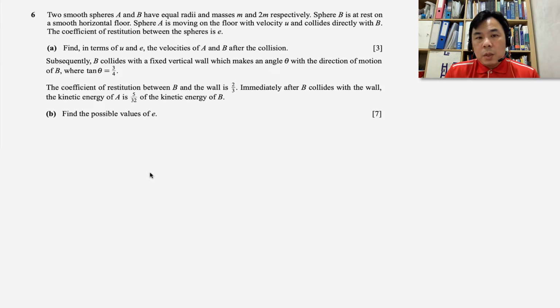So it's always best to draw out a diagram to show what it looks like. Here I'm going to draw a very simple diagram so we can see that very clearly. We have a particle A here that is moving at speed u, and then another particle B that is at rest.